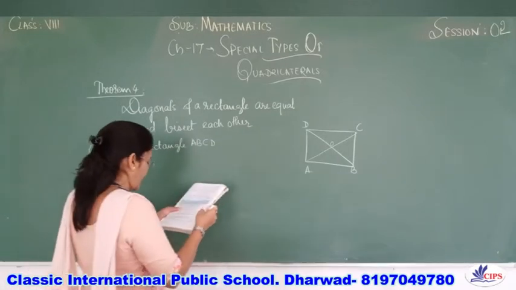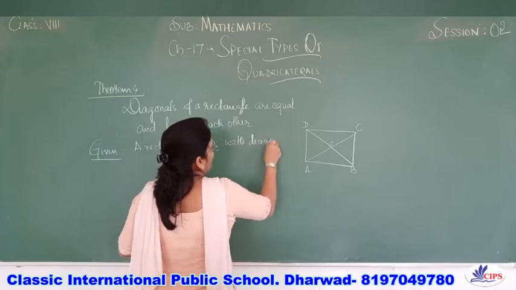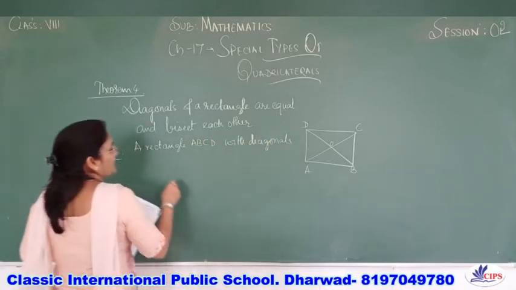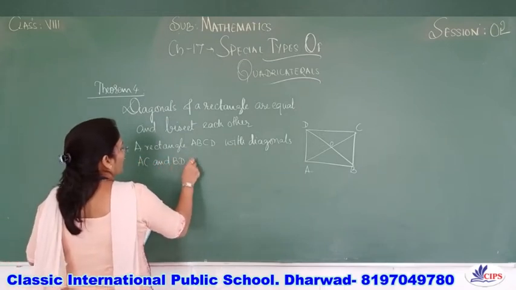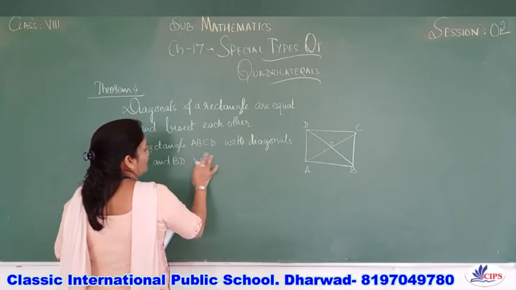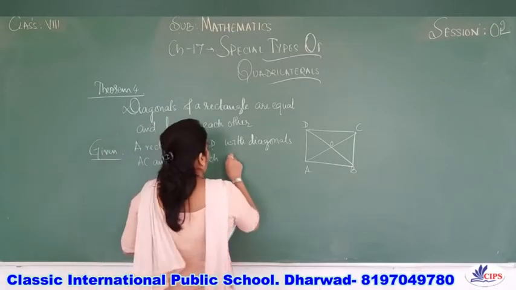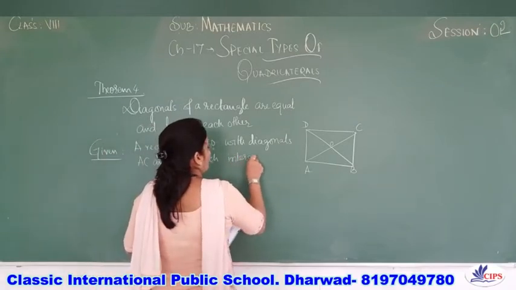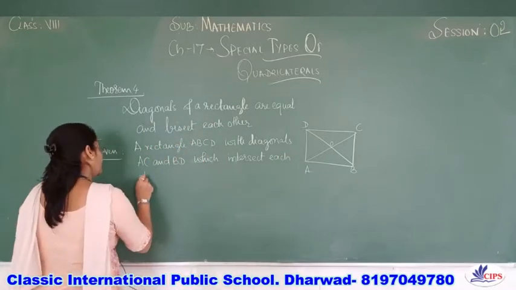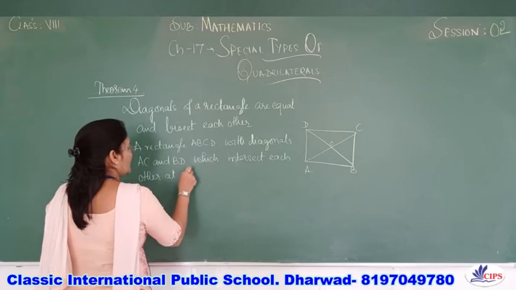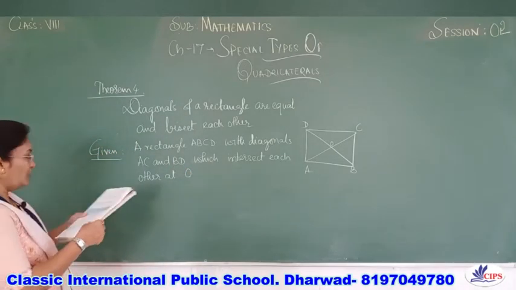They have given the diagonals also, with diagonals AC and BD which intersect each other at O, at point O.